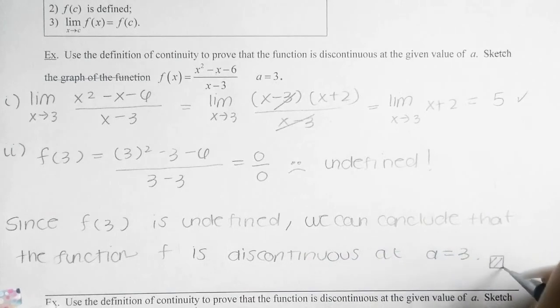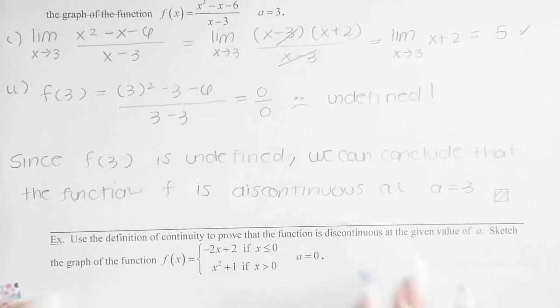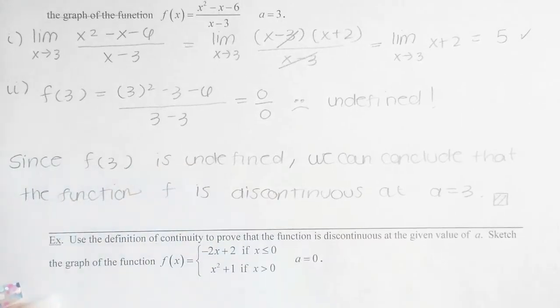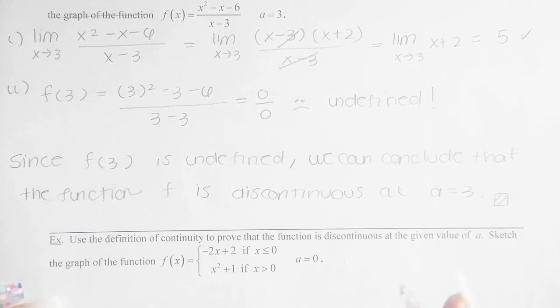Do you need to write all the blah blah blah? Yes, you do. They are asking you to explain or justify your answer, so you need to be pretty clear why this is not continuous.